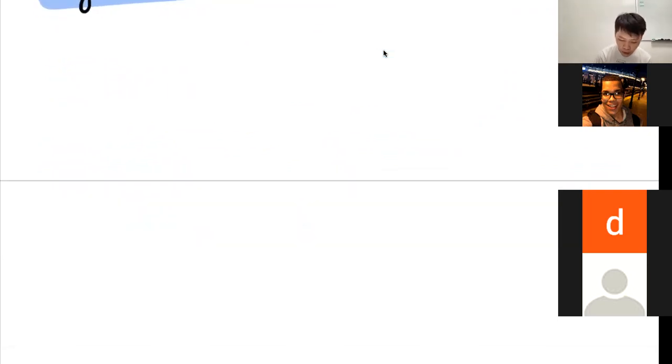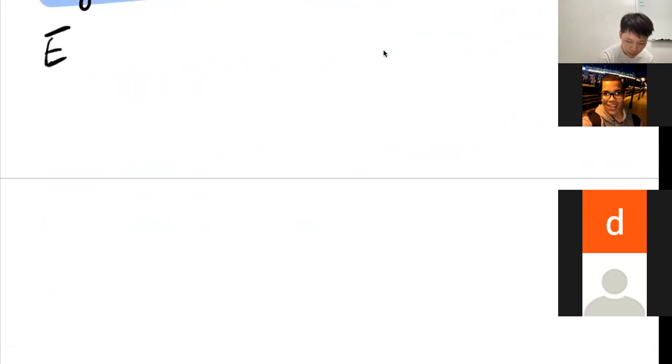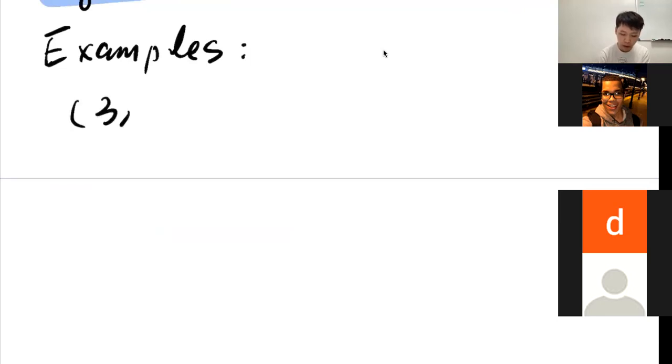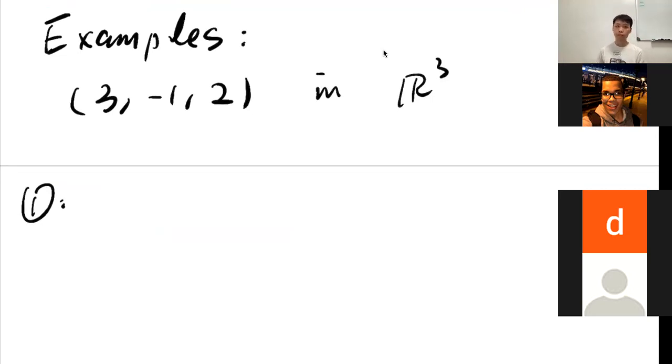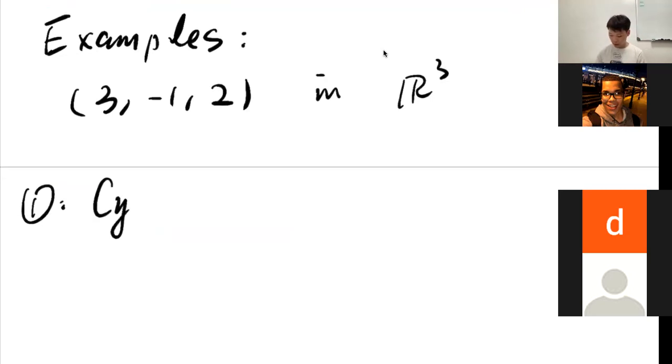Let's do some examples before we move on. So let's say you have your points in R3 represented by Cartesian coordinates 3, -1, 2. How do we represent these points in the cylindrical coordinate system?